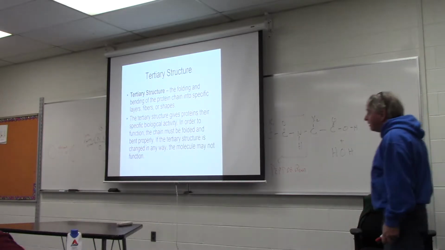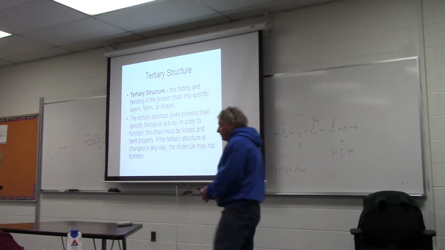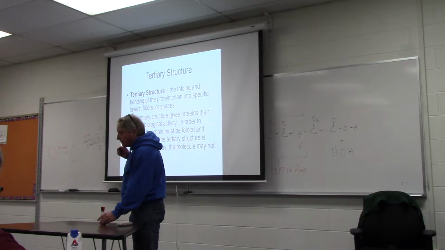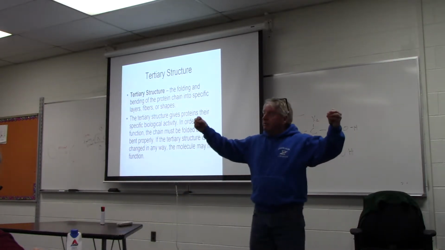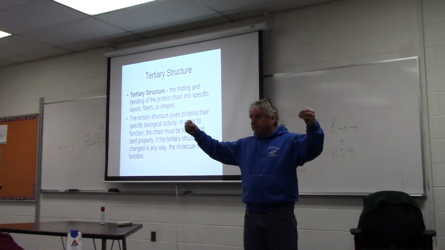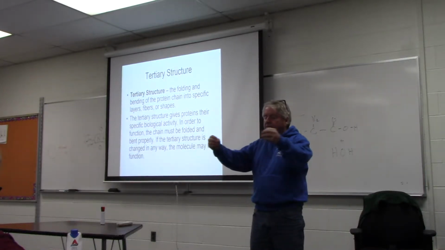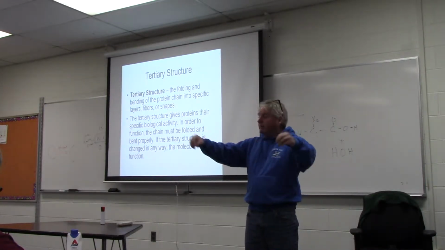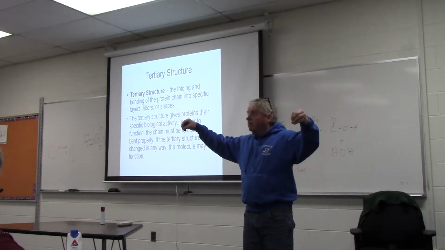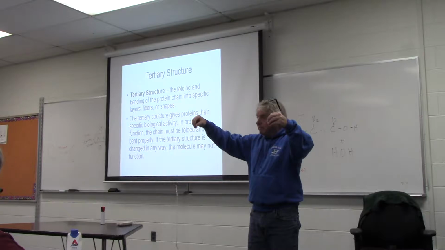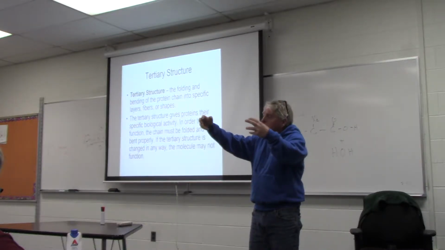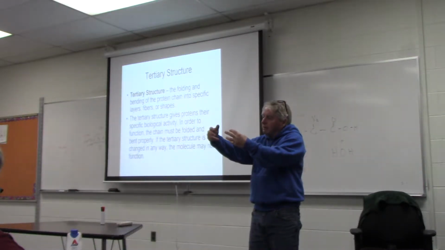All right. So what happens next, and I'll just show this and then I'll come back to it, is that you have your amino acid sequence. When it gets built in the ribosome, it comes out as a long chain. Then the hydrophobic parts, the non-polar amino acids, start to get pushed together.